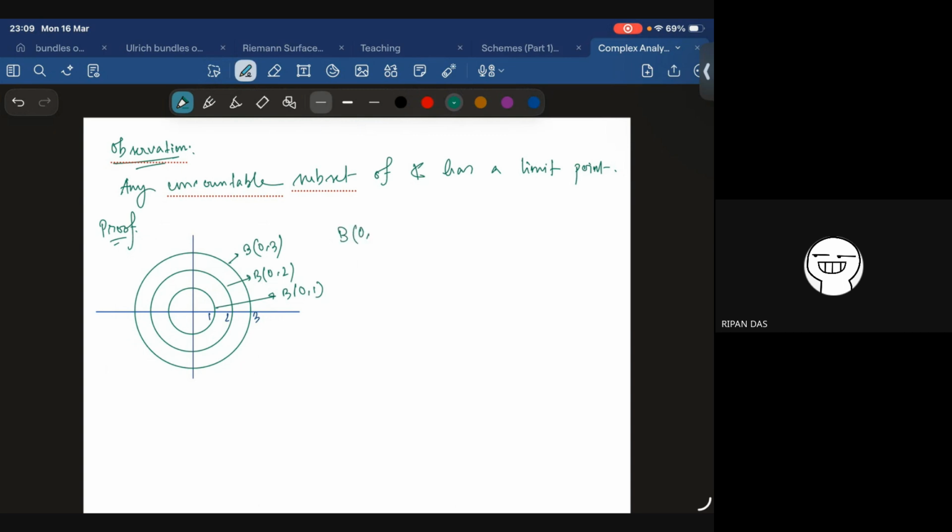Where B0R will denote the set of all those z belongs to C such that |z| ≤ R, the closed disk of radius R about 0.